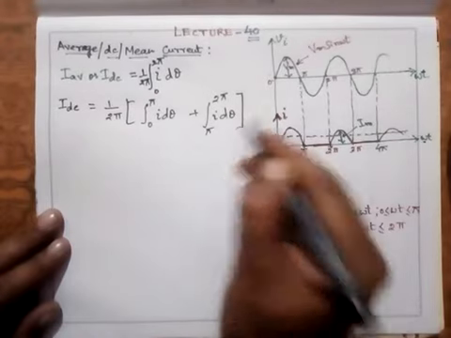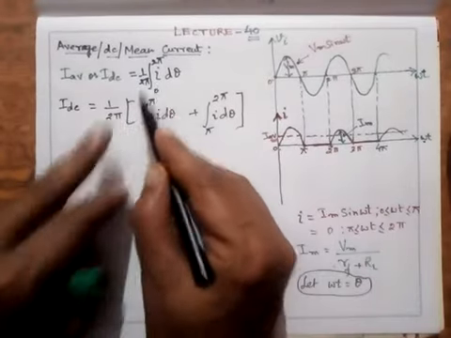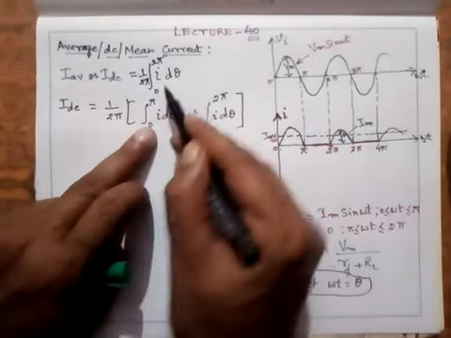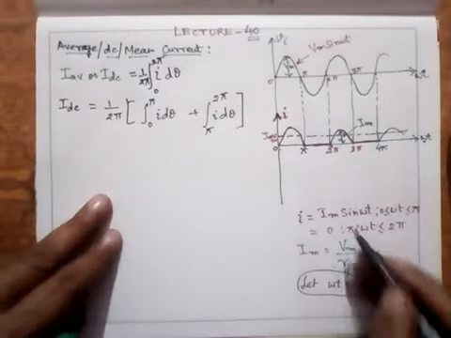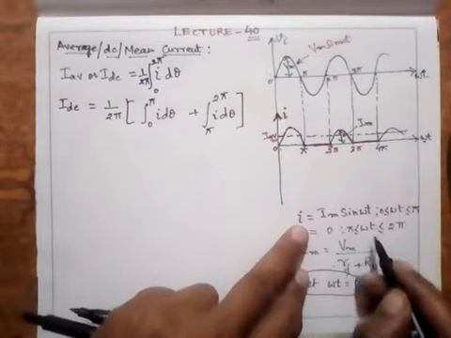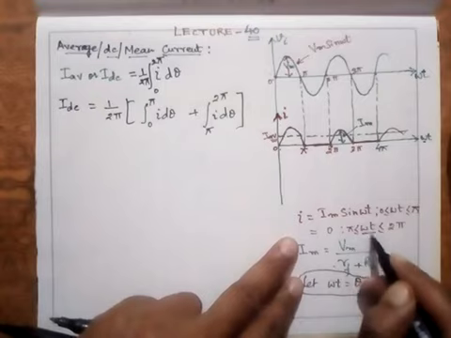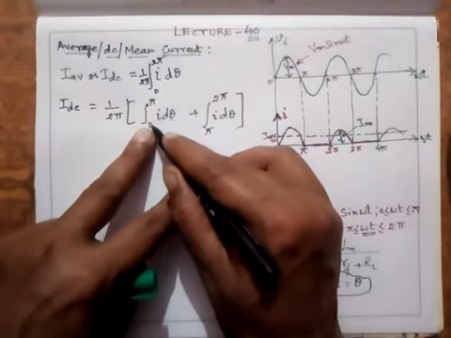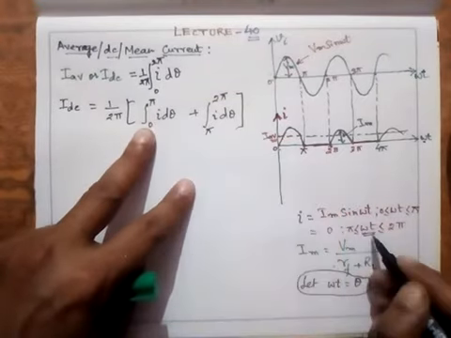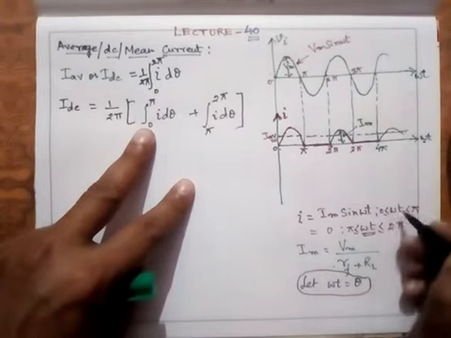I hope this is clear to you. I have simply applied this 1 upon 2 pi as it is, and the integral has been broken into 0 to pi and pi to 2 pi. Now omega t means theta, and this theta varies from 0 to pi. For this 0 to pi, I can replace this by theta.